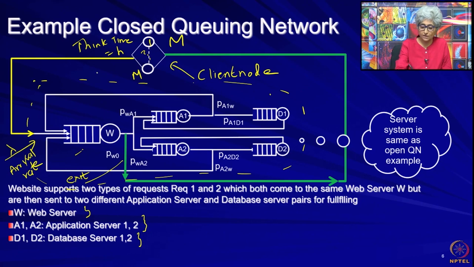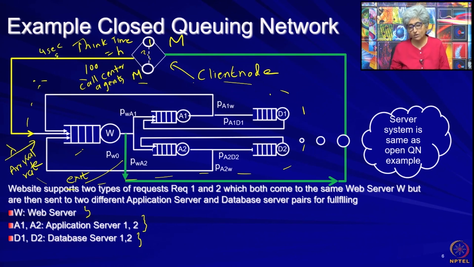So, it is like maybe 100 call center agents in a request response loop, where the think time is just 4 seconds or 6 seconds or 2 seconds. It is not that I am a user of some very public website like Google, and I visit the Google website after many hours.